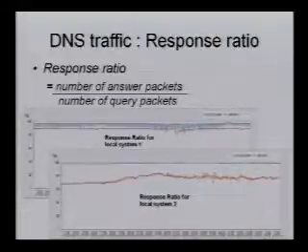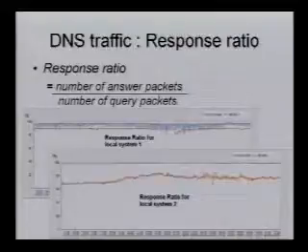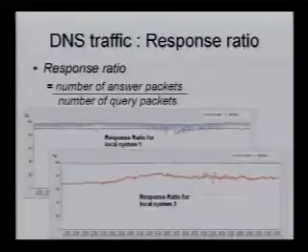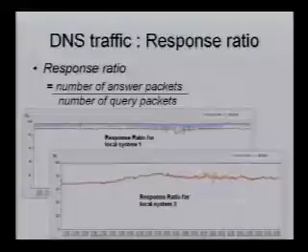This slide shows the response ratio sub-menu of DNS traffic. We calculate the response ratio as the number of answer packets divided by the number of query packets. The red curve shows the response ratio of recursive queries.